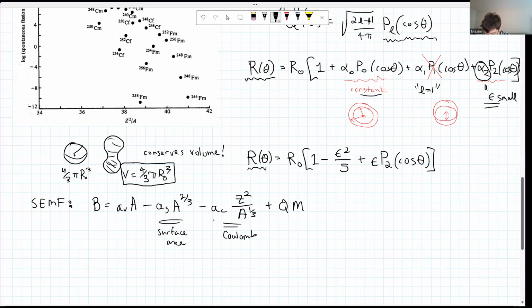So how do you work that out? Well, you have to know what happens to both the Coulomb energy and the surface area when you have this deformed shape. So you have to take this and actually calculate what the surface area is.